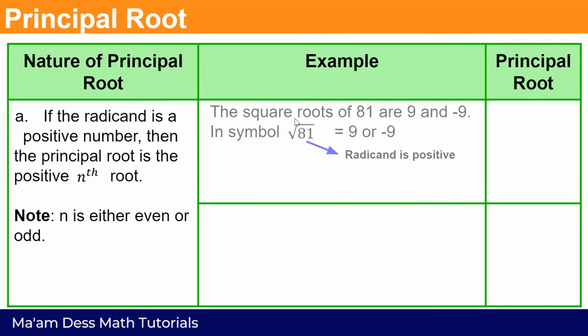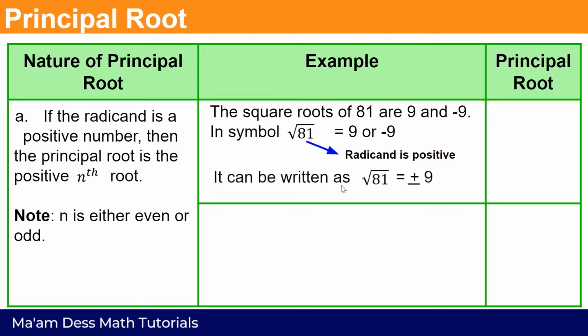Example, the square roots of 81 are 9 and negative 9. In symbol, look at this, is equal to 9 or negative 9. Ang radicand po natin dito ay 81. Nakita natin, positive po siya. It can be written as, okay, square root of 81 is equal to positive or negative 9.